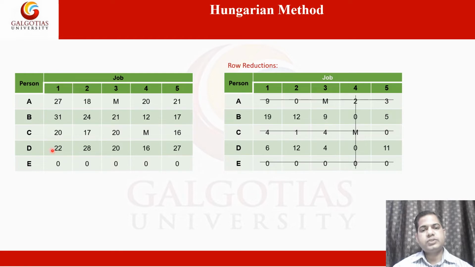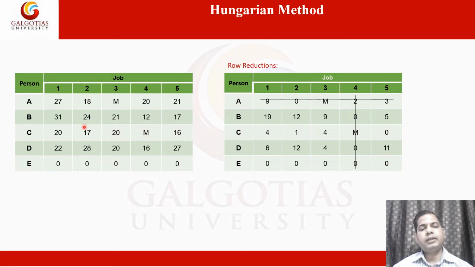Now this assignment is balanced because we have introduced E as a dummy person with all the times as 0, 0, 0, 0, 0. And we put M at the places of the prohibited assignments, which were denoted by X or cross marks.